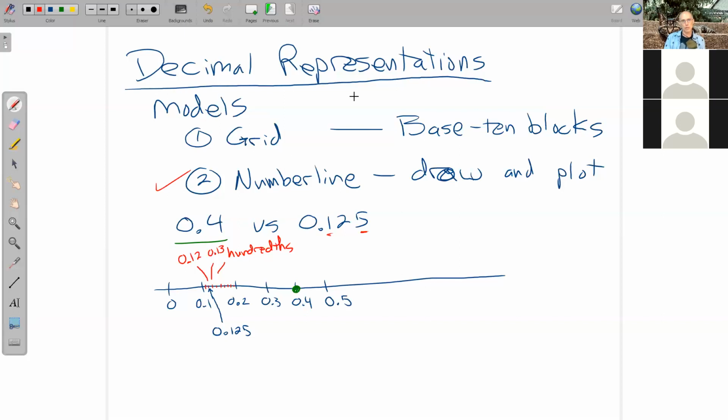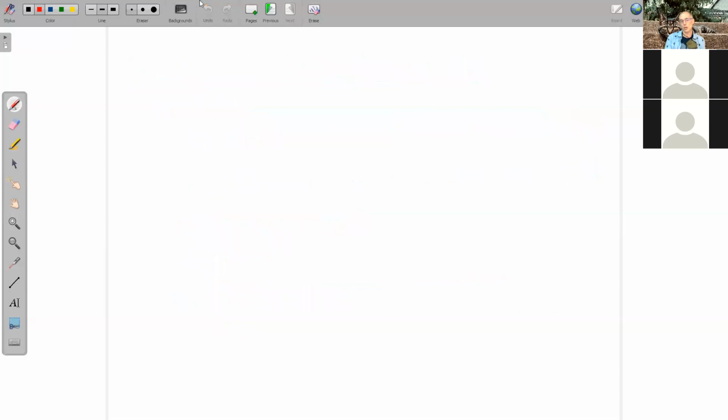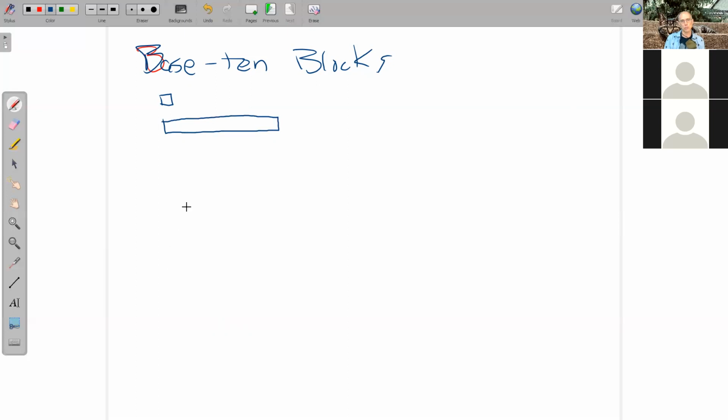For the grid model, we have to identify what one whole means, and that's up to us. So if you think about our base 10 blocks we've played with, they have this little cube or square, and then there's a long piece, and that could go in any direction we want.